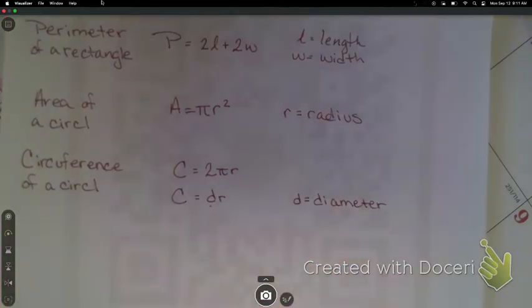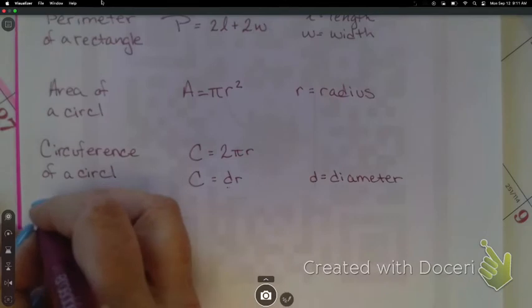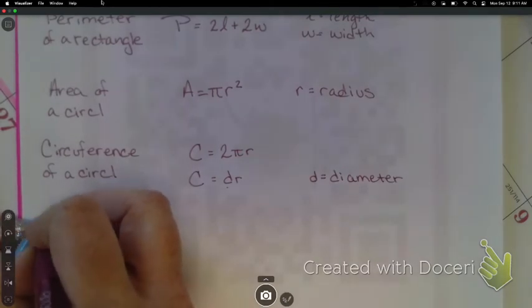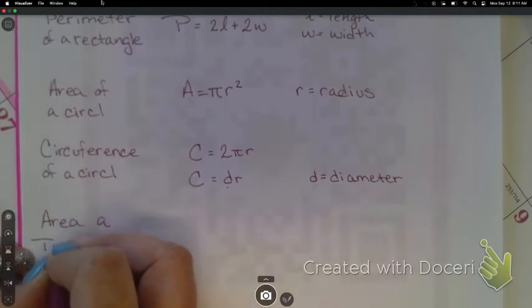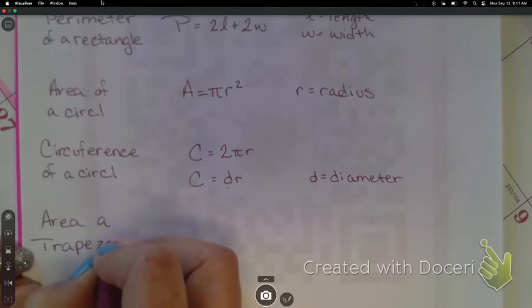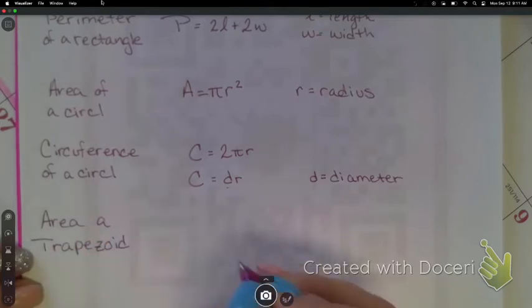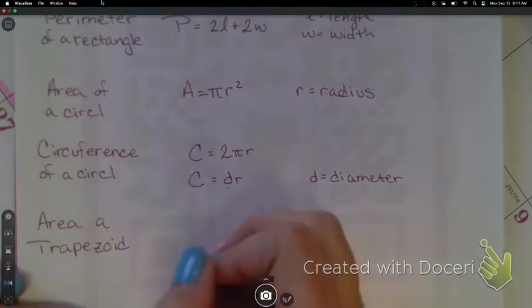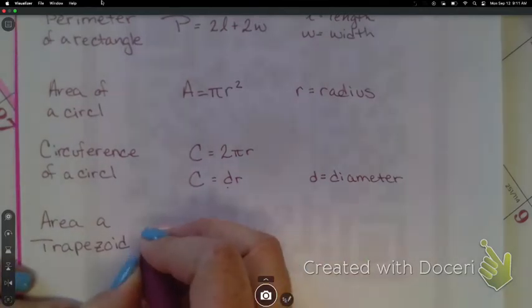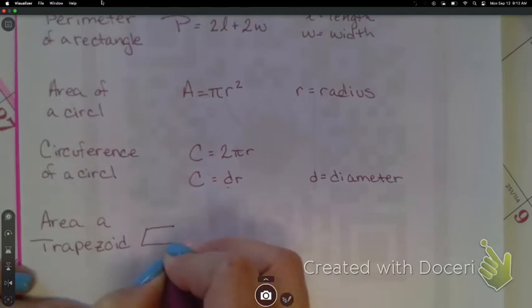Now, the last one they have is one that the ACT would probably give you. It's area of a trapezoid. It is not one that I would expect you to remember, just because I typically just make a rectangle and a triangle and add them together, because a trapezoid can look like this.